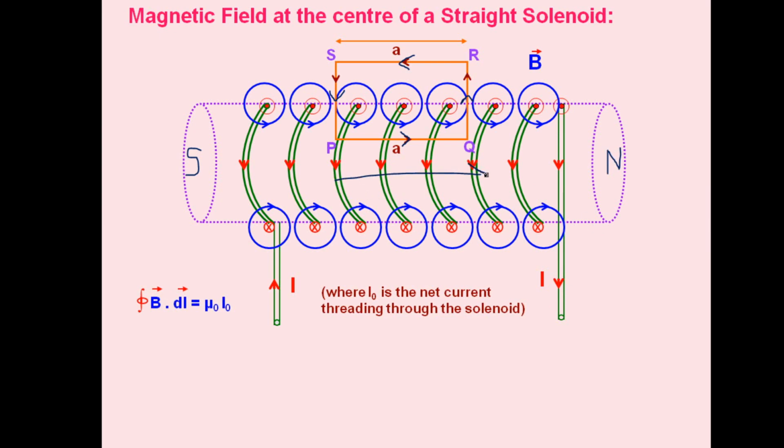This is the direction of the magnetic field from south to north inside the magnet, and if we draw a small element on this closed path, it will be drawn like this. This is the small element dl from P to Q, but the small element dl from Q to R will be in this way. Then R to S will be like this. This is the direction of the small element dl.